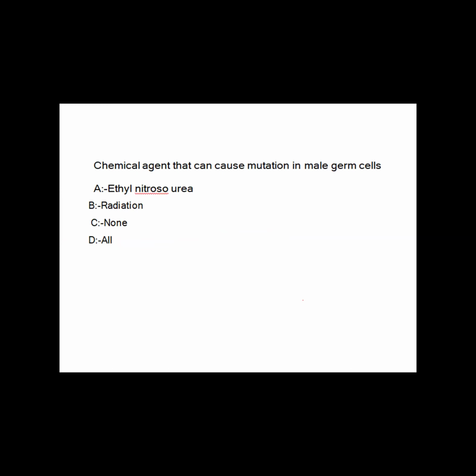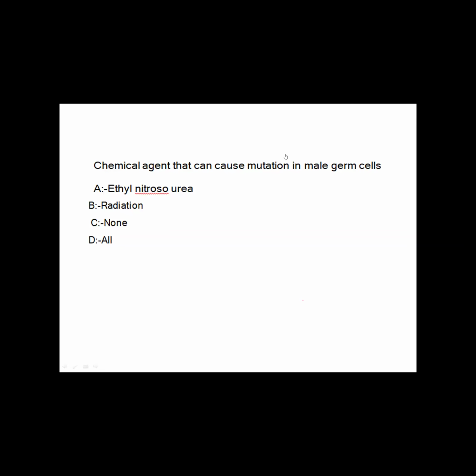Chemical agent that can cause mutation in male germ cell. So you need to identify the chemical agent. Radiation, ethyl nitrosourea, none or all. तो ये तो सिंपल है. Mutation in male germ cells.